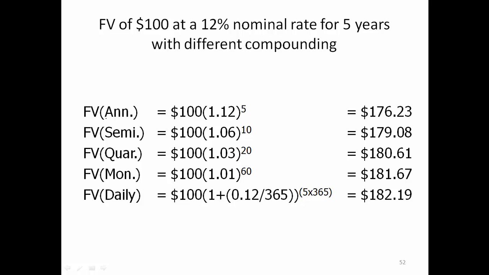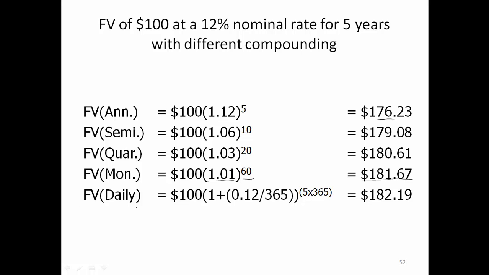If we are looking at different compounding frequencies, we will realize that future value will be different, depending on the compounding frequency. So within the same 5 years, if we're doing annual compounding, we end up with 176. If we're doing monthly compounding, then we're using 1% per month for 60 months, then we will end up with 181.